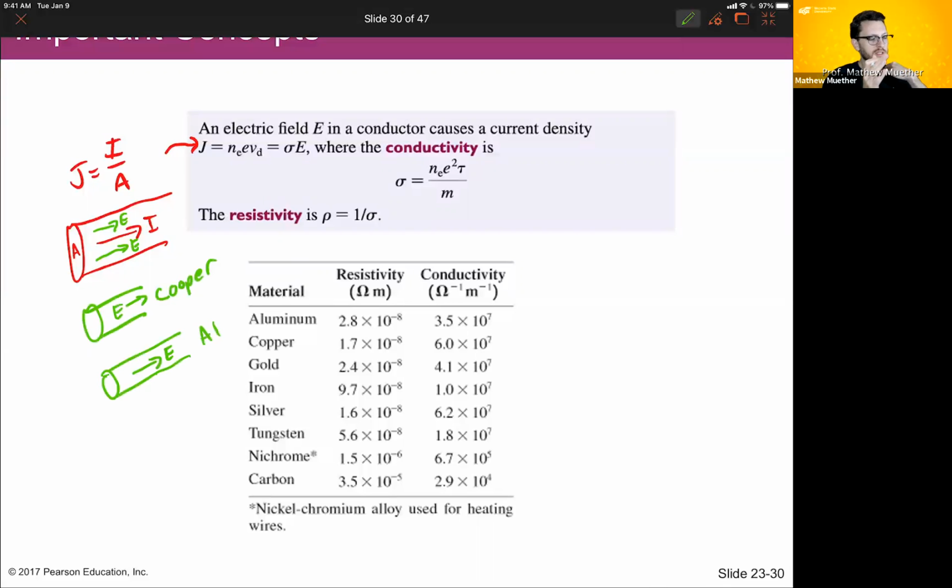What would I do to set up the same electric field? Well, I would have the same potential difference over the same length in that wire. It creates the same electric field. And then we can ask, what's the current density? I might get a current density for the aluminum, and a different current density for the copper. What I might see is that for different types of materials, even though they have the same potential across them, I'll get different current coming out of the system.